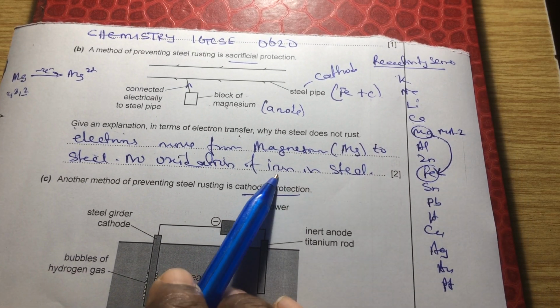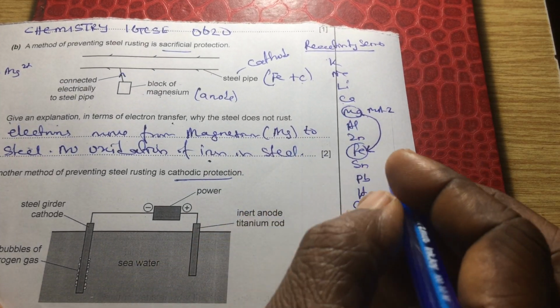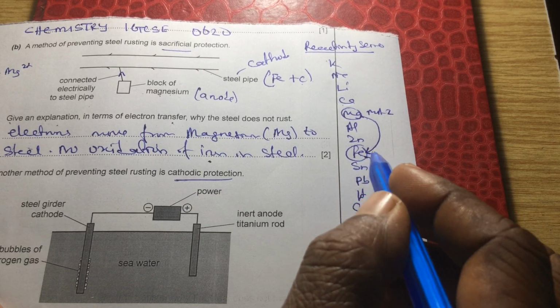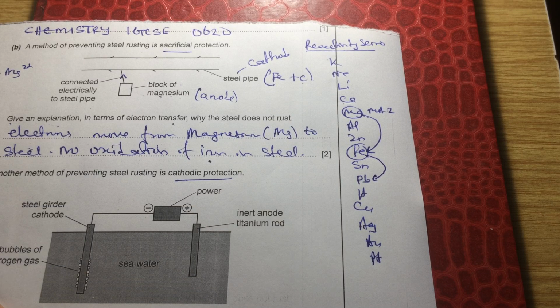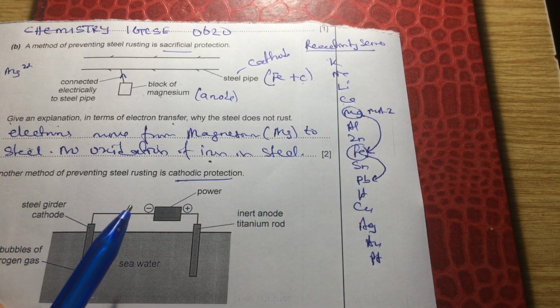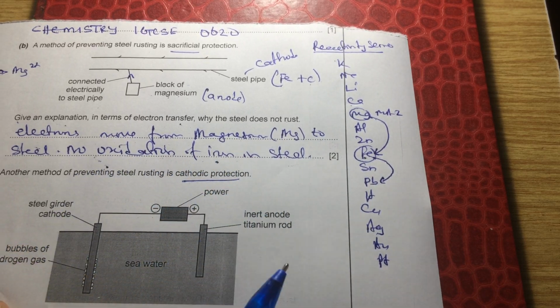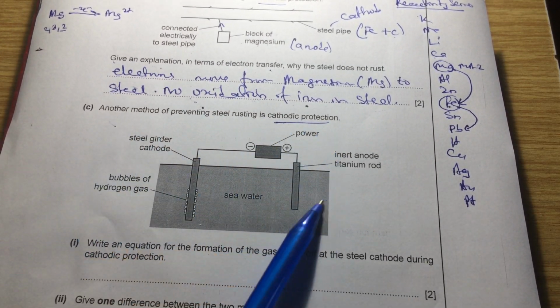Oxidation can only take place in the iron in the steel if electrons are lost by the iron. It will be oxidized, because rusting is oxidation. Electrons need to be lost by iron. Here, the electrons are taken by iron, so it will not be oxidized. But if electrons are lost by iron, it will be oxidized. So no oxidation of iron in steel. That's the answer.